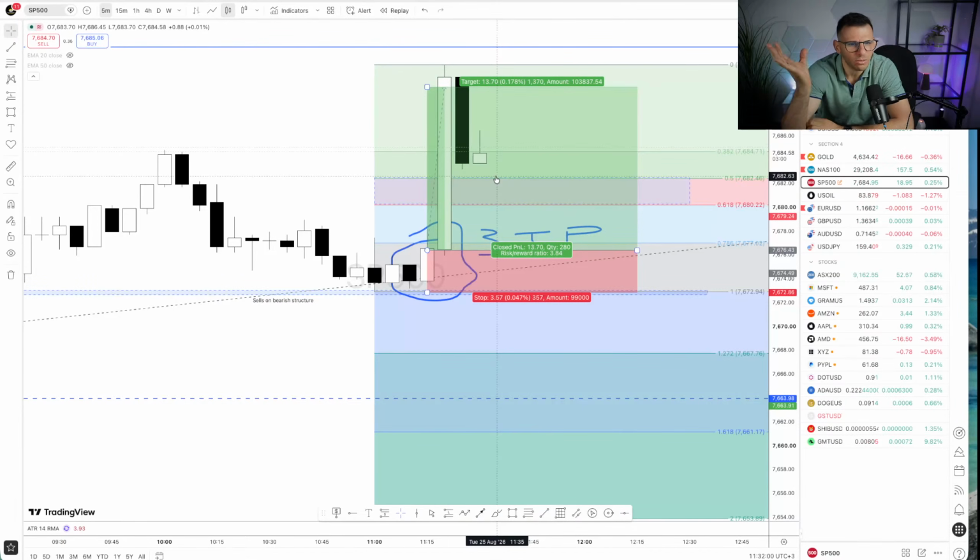We don't know what they're going to do, and we don't need to know at the end of the day. We just need to focus here to find some good opportunities that we can capitalize on and make 2 to 1, 3 to 1. If we get the lucky 4 to 1, 5 to 1, yeah, especially during New York session. And that's it. Simple stuff.